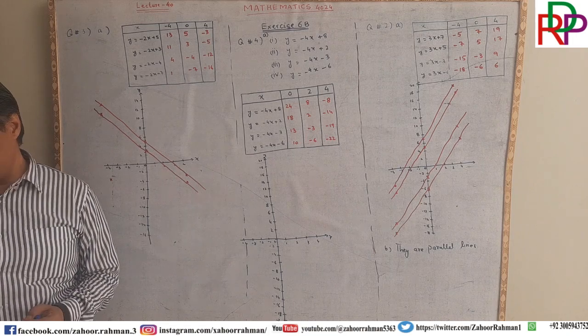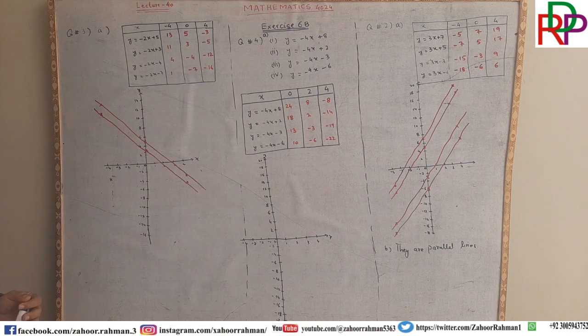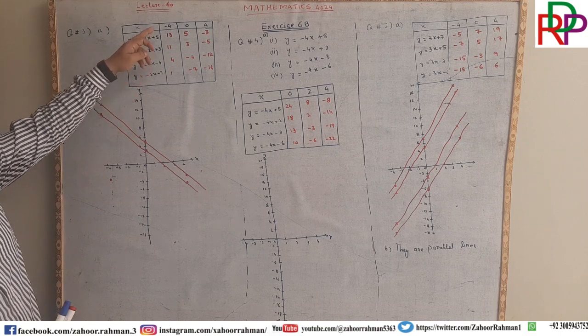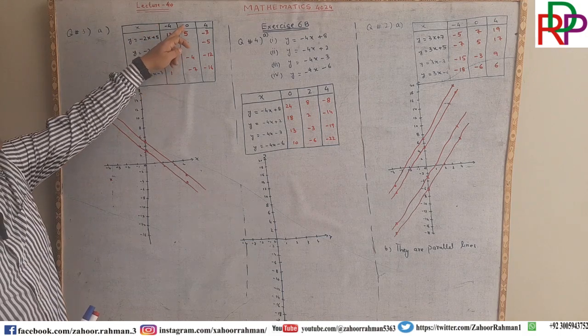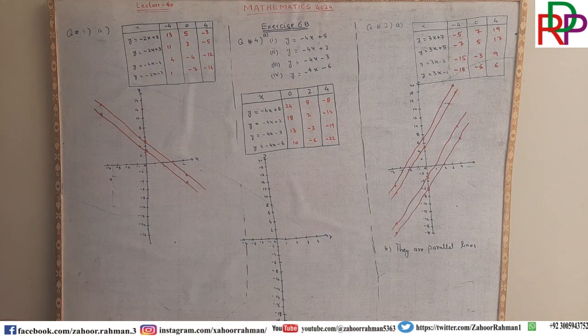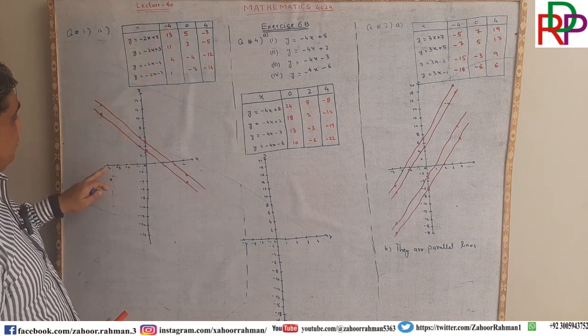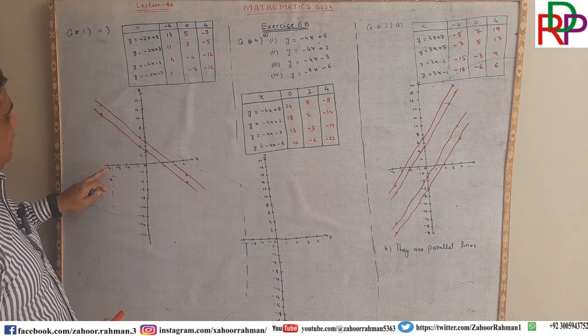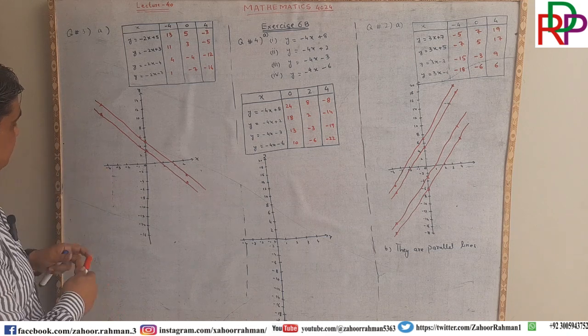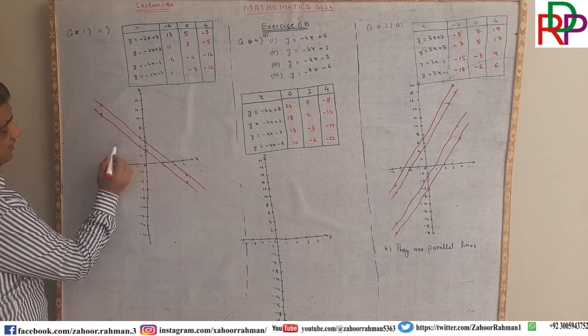So 4, minus 4 and 12. For minus 4 it will be 4, and for 0 it will be minus 4. For minus 4 it will be 4, so it will be somewhere here.